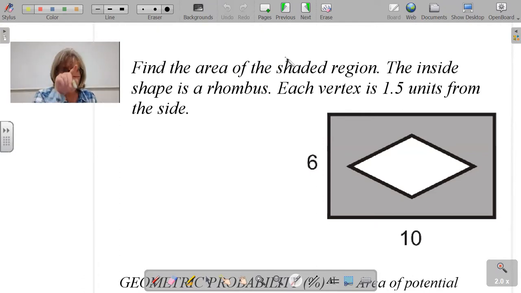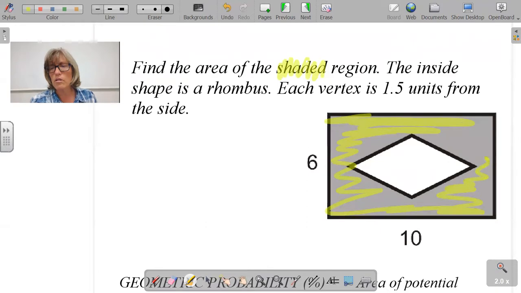Read this out loud, finger on your paper. Find the area of the shaded region. Shaded. That's all of this area, shaded. Find the area. The inside shape is a rhombus. That's important. It's a rhombus.